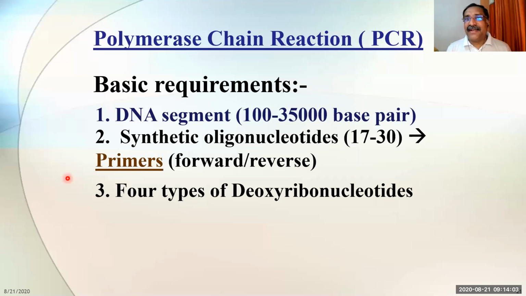You say that protein is made up of amino acids. In the same manner, DNA is made up of nucleotides. Yes, everything is there in that, but the basic point is nucleotides. So DNA is made up of nucleotides. That means when you want to make copies of the DNA, you need the nucleotides.